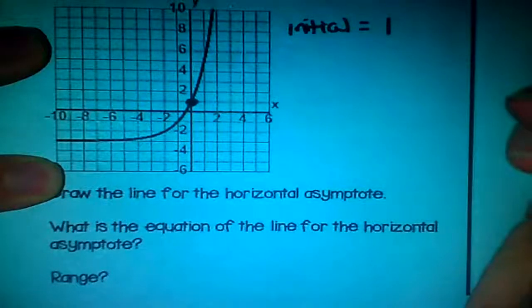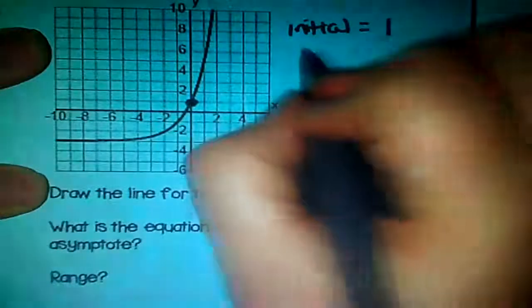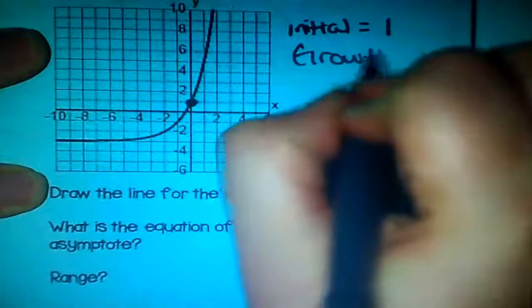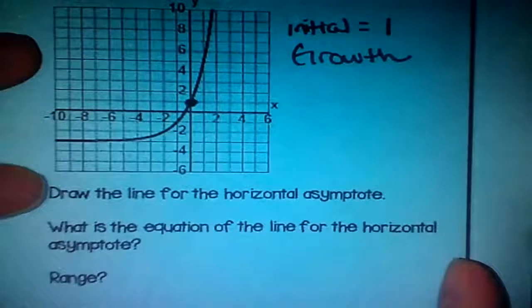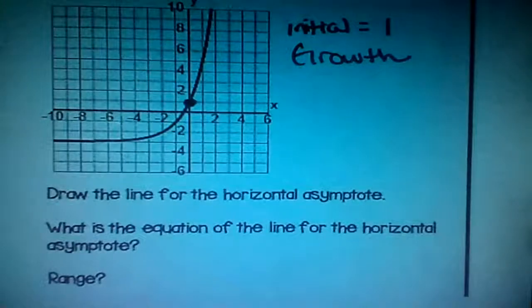You read from left to right. So as I go from left to right, it's getting bigger. So this is growth. If it would look like this, where it starts high and comes down low, it's decay. Because it starts low and goes high, it's going to be growth.